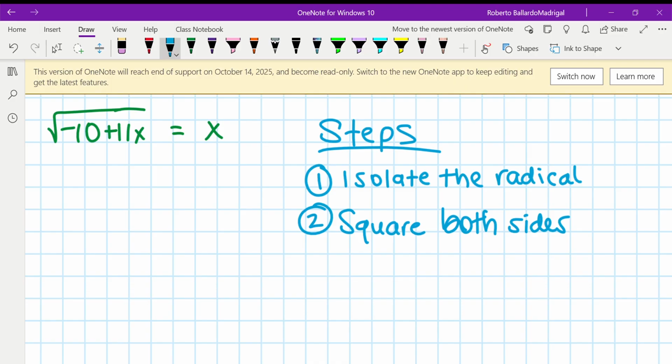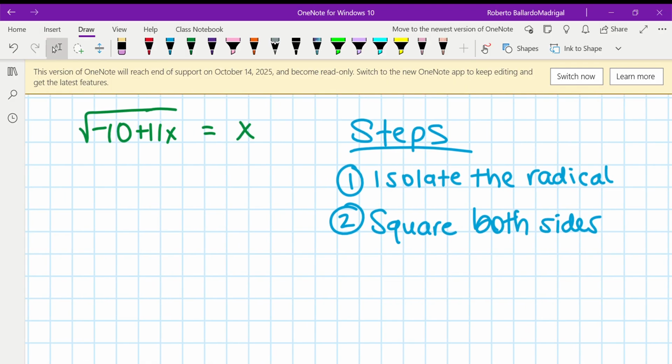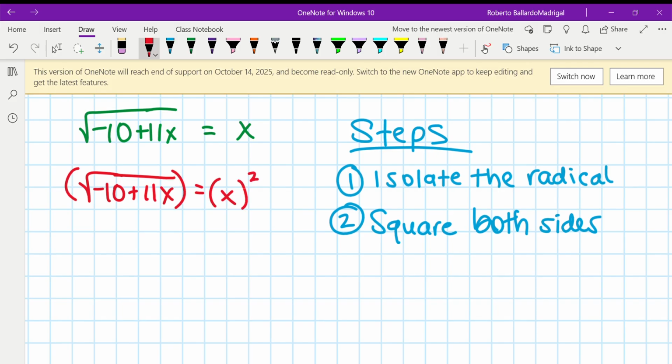So let's go ahead and perform the second step. We're going to square both sides. So that means I'm going to take radical negative 10 plus 11x equals x, and I'm going to square both sides.